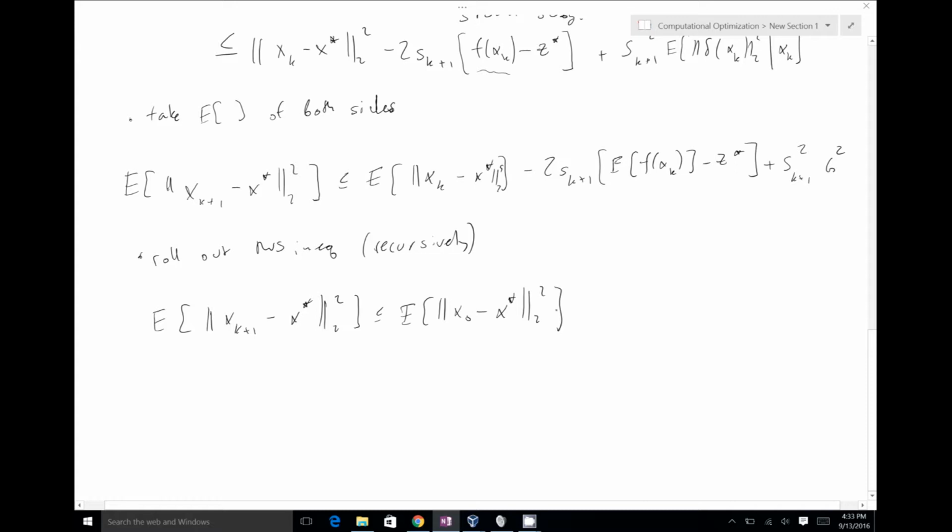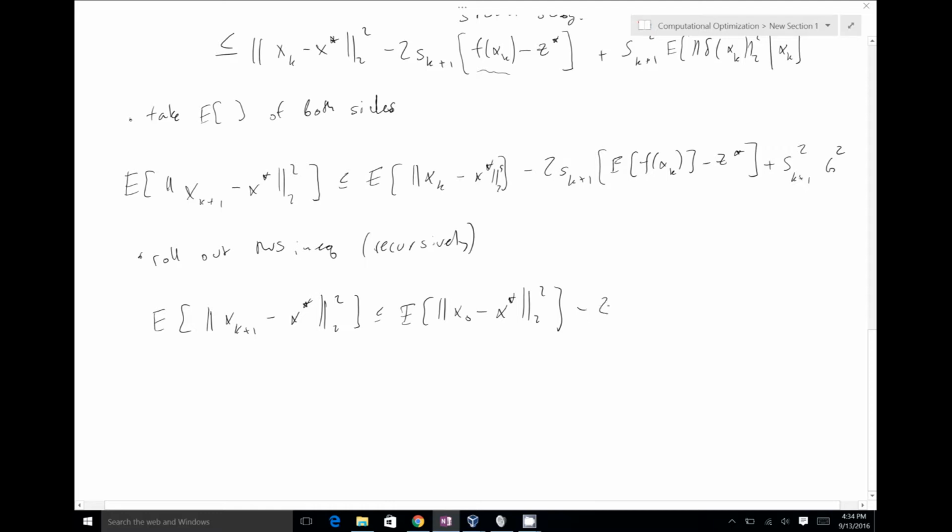So that's the very last term that we end up with after we roll out everything recursively. We're going to get a bunch of these minus terms that are going to pop out. So every time that I do this rollout, I'm going to get one of these guys that pops out, right? So that's going to get represented by the sum.